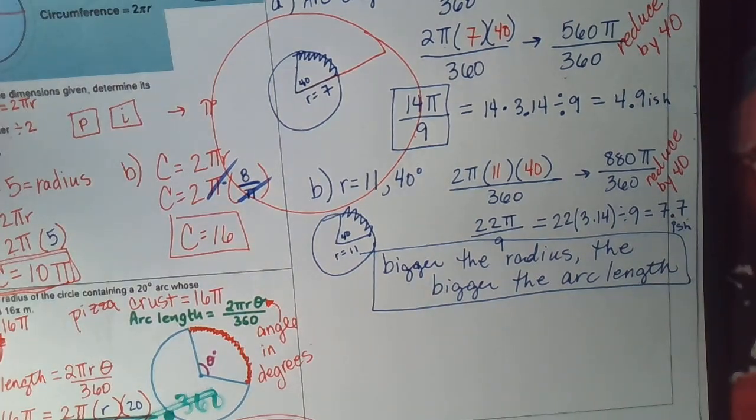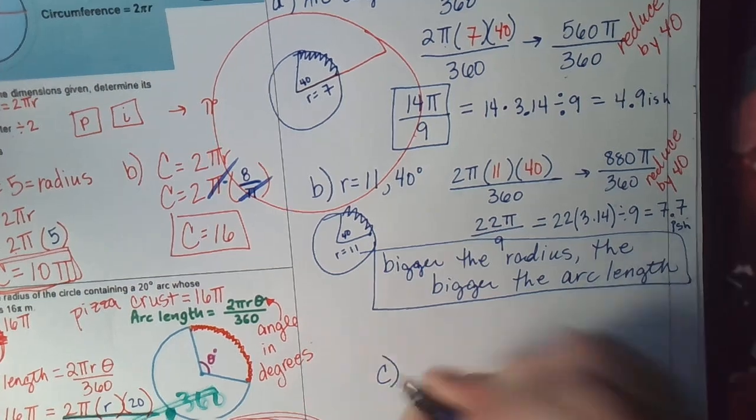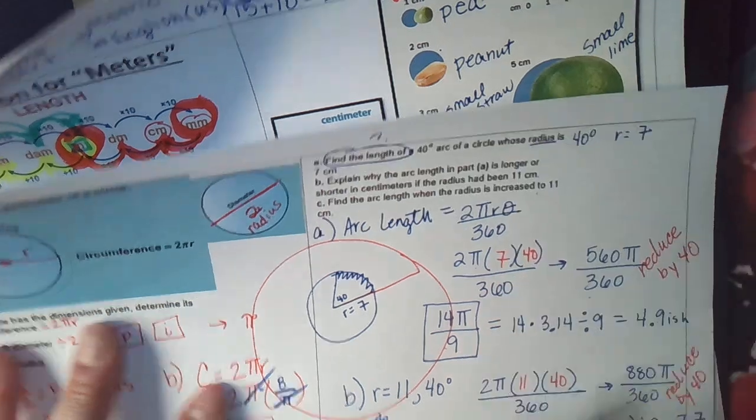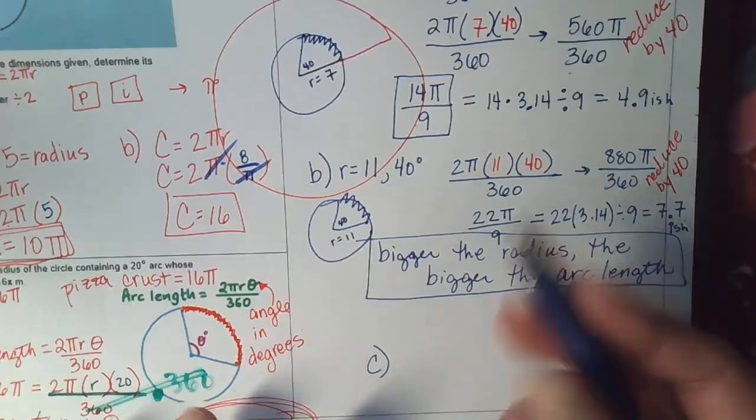Okay, part C says, find the arc length when the radius is increased to 11 centimeters. Okay, I think we already did that. That was what we did on part B. Yeah, we already did.